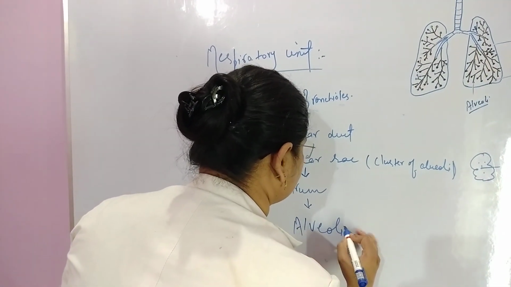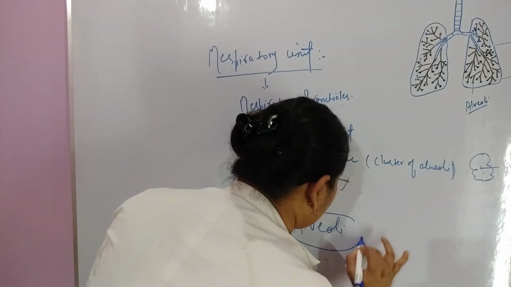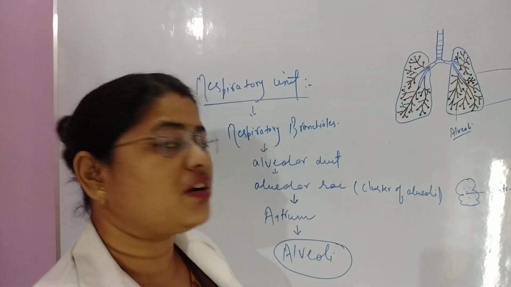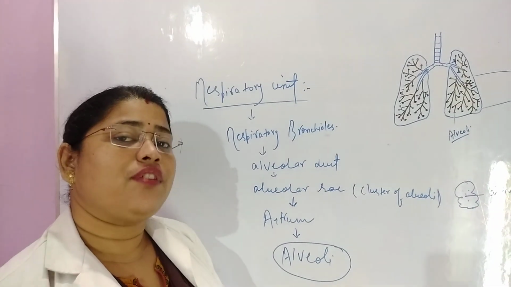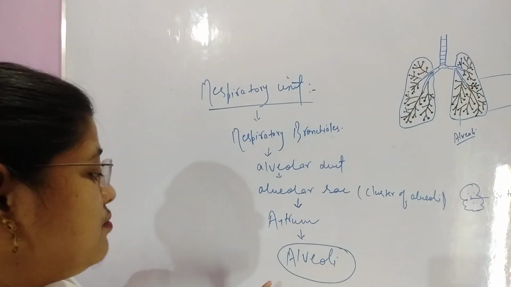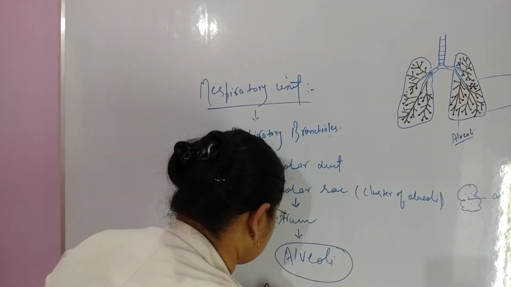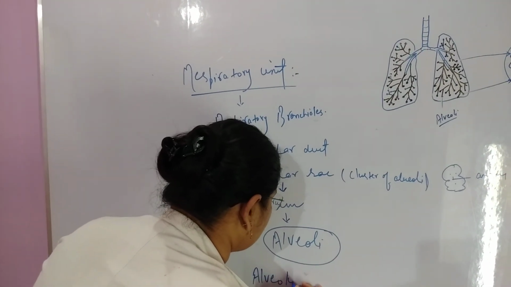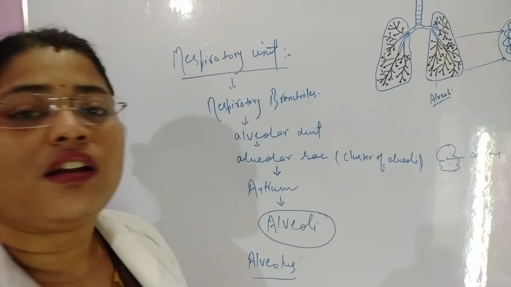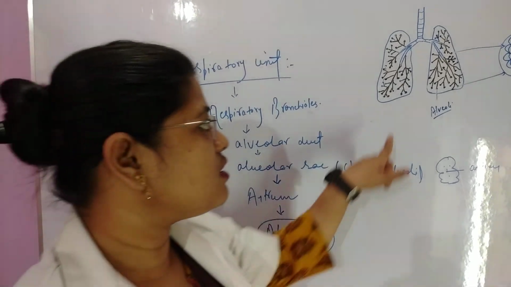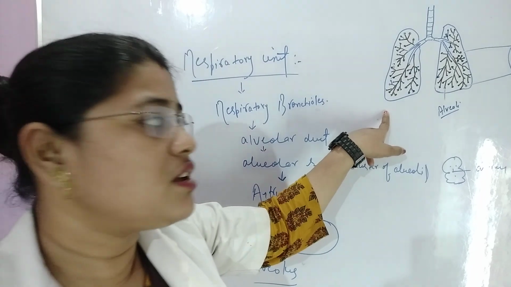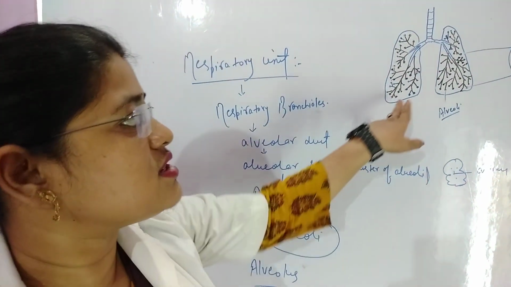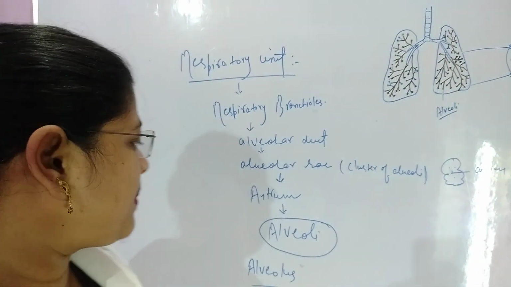Alveoli, and the singular of alveoli is alveolus. So the alveolus is the unit of lungs, which is easily shown here and easily understood through this diagram.